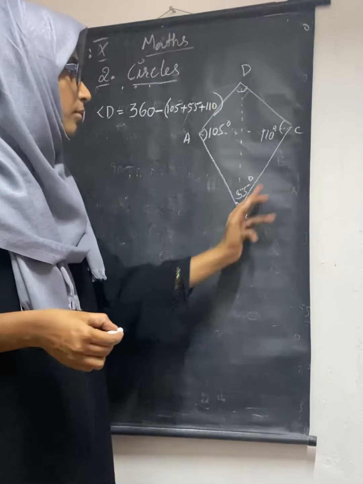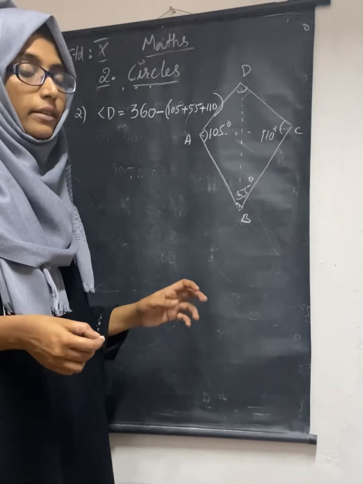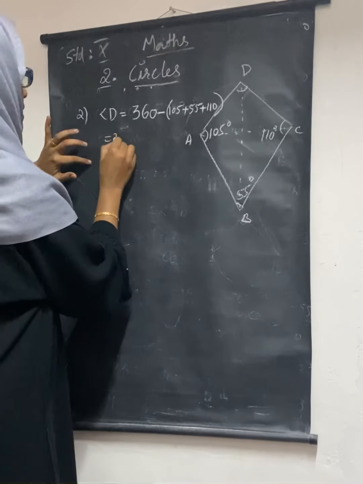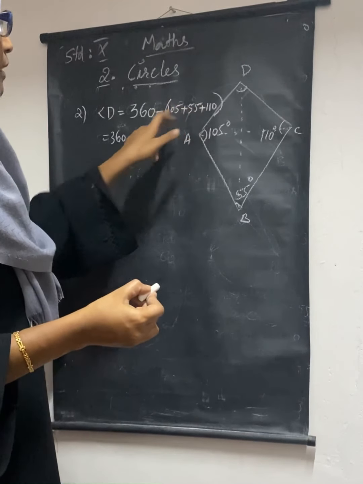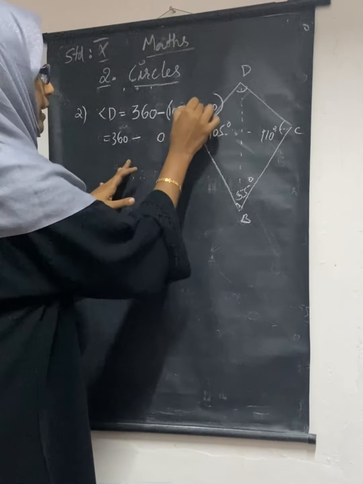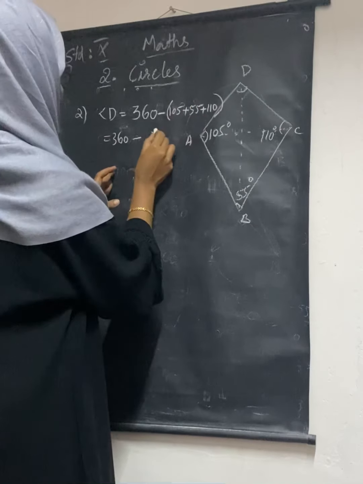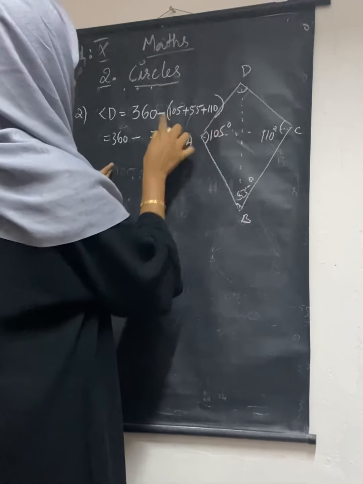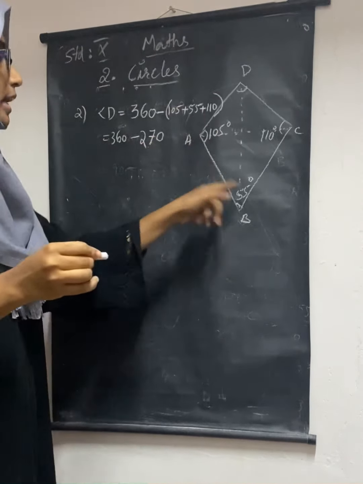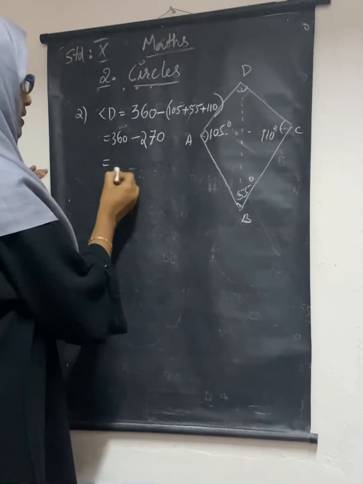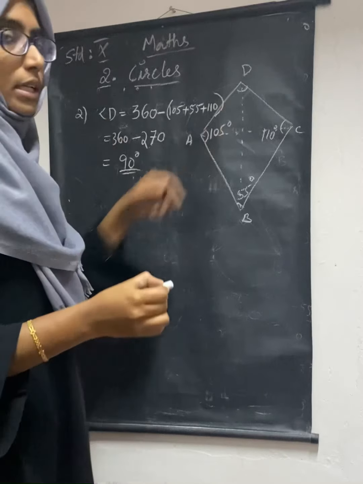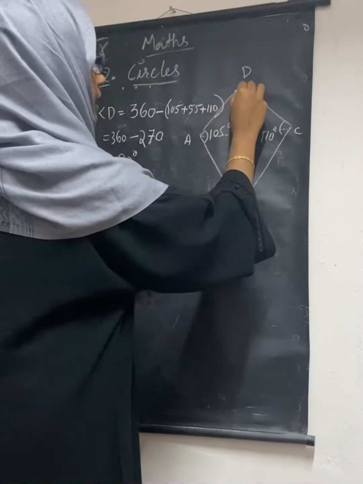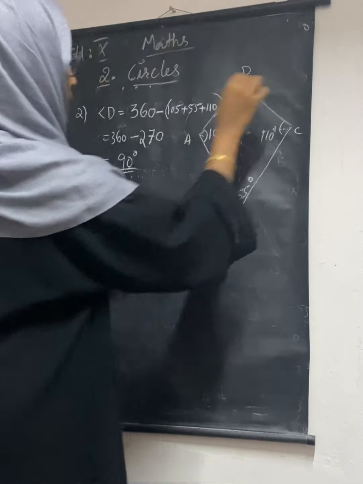Because when you add all of them together, you should get 360. Adding these: 5 plus 5 is 10, 1 carry, 5, 6, 7, and 1, 2: 270. Now subtract it from 360, you get 90 degrees. So angle D is 90 degrees. So that is found.